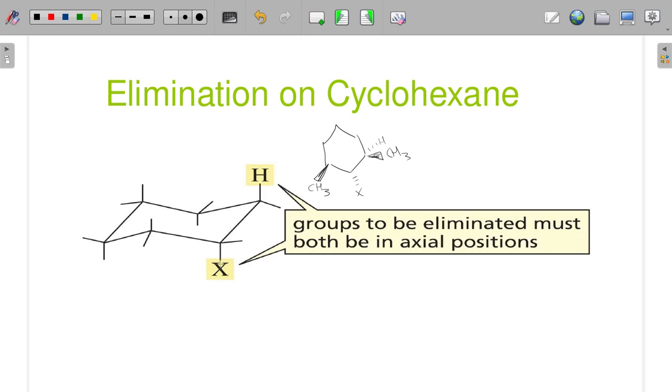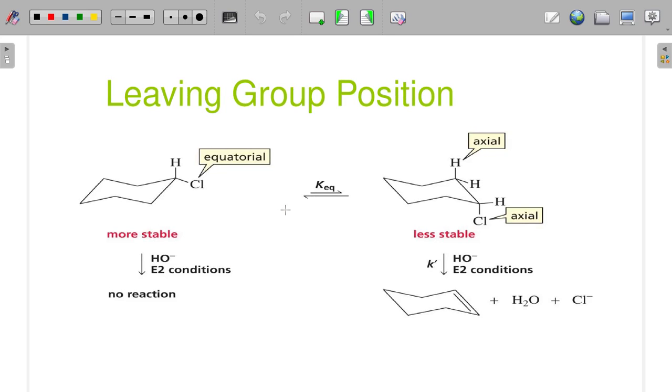Now that does limit us. So even if this other position is a hydrogen, it is forbidden for it to get ripped off here because there's no way I could have that one on that same plane as the halogen. So it does actually change things. What we will see is our leaving group, the halogen, must be able to get into that axial position.